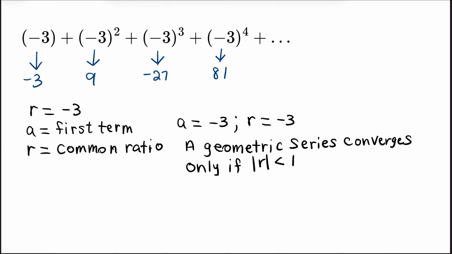Okay, very important. So let me just go ahead and highlight that really quickly here. So again, a geometric series converges only if the absolute value of R is less than 1.